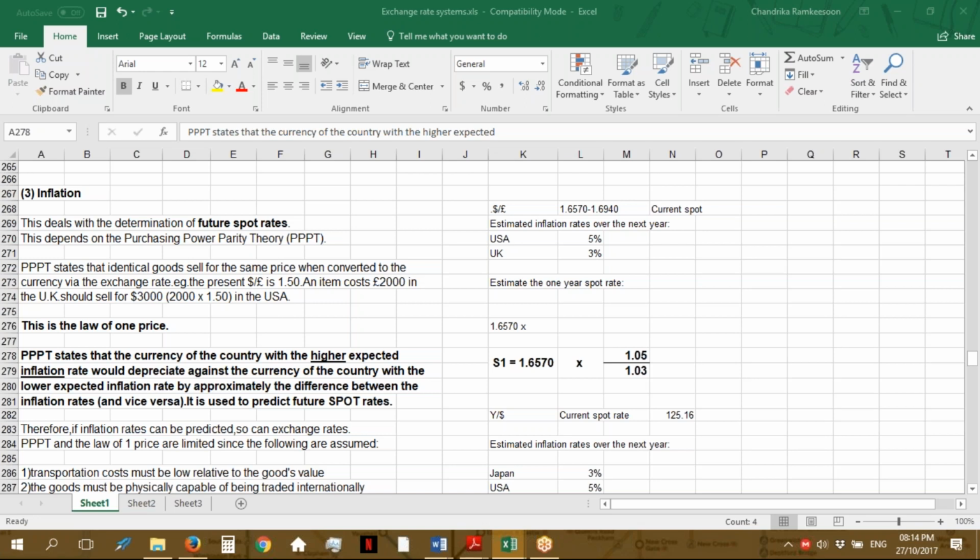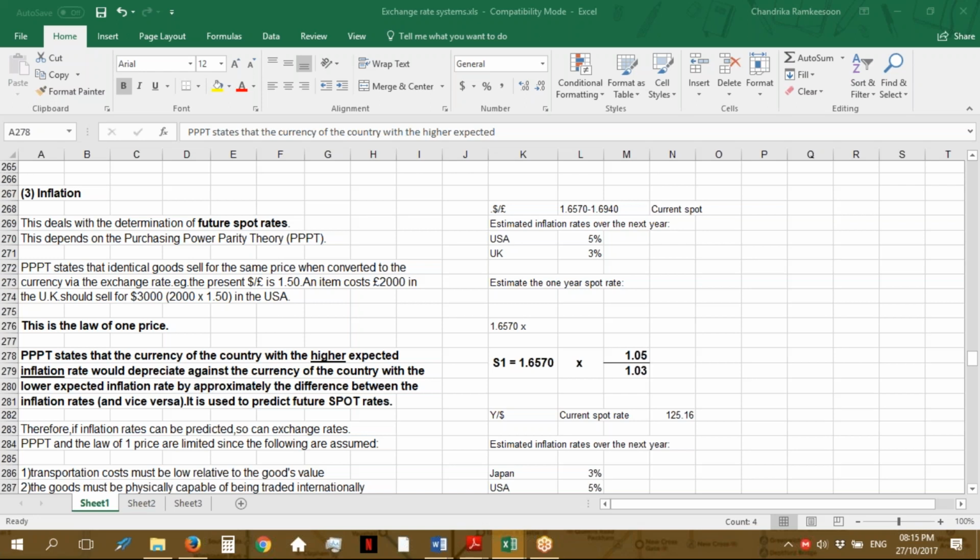Now, the good thing about IRPT, which stands for interest rate parity theory, is that it works exactly as PPPT does, except rather than using inflation rates, we use interest rates. Now, the interest rate is normally higher than the inflation rate because the interest rate is expected to take into account the inflation rate.